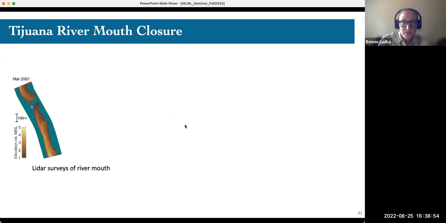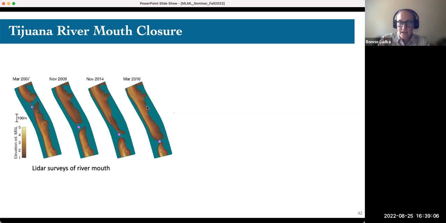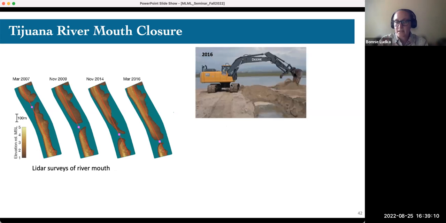And also the Tijuana River mouth has closed in the past. Here is a LiDAR survey, or actually a group of LiDAR surveys I'll show you, and the river mouth migrates. And in 2016, the river mouth closed, and the closure had to be dredged, mechanically removed.